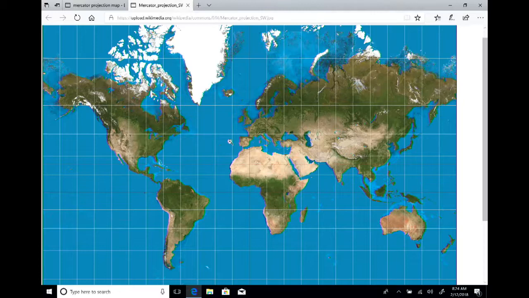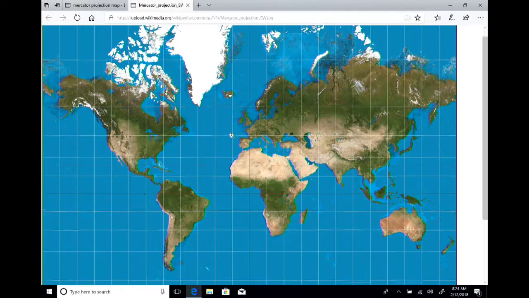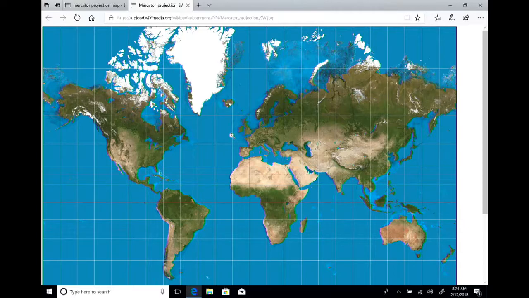Also, I want you to take a look at something here. Remember I said that a Mercator projection is just a flat surface thing, you know, go Columbus, we're going to sail off the edge of the world because, of course, the Earth is flat. Here's what happens.